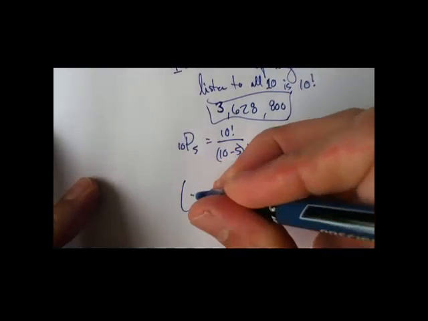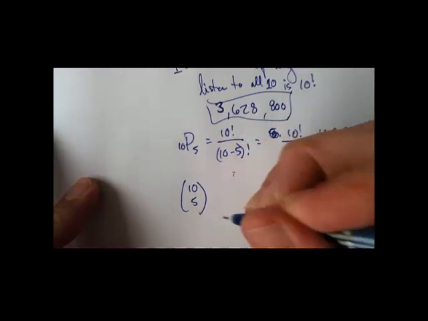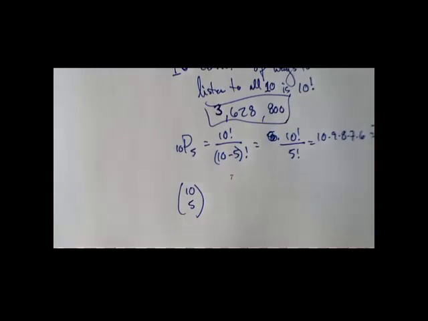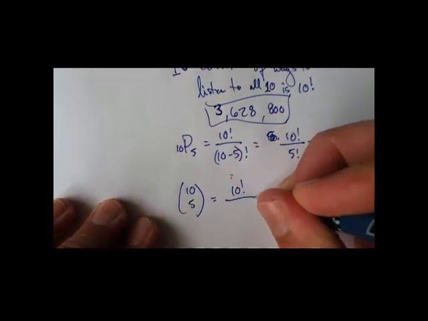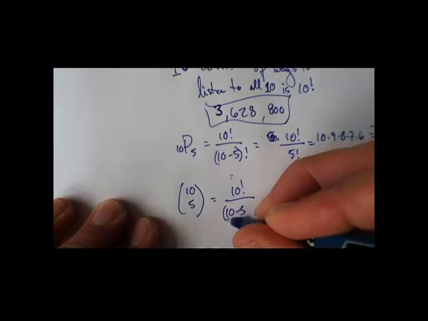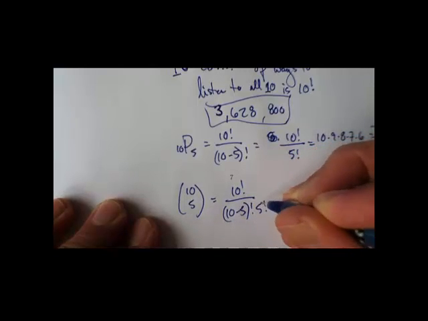What if we're interested in knowing the number of ways to choose 5 from the 10? We don't care what order we're going to put these in from left to right, but just how many different subsets of size 5 there are. The same question would be how many different samples of size 5 are there from the 10? So this is 10 factorial over 10 minus 5 factorial times 5 factorial. Hey, you know what?